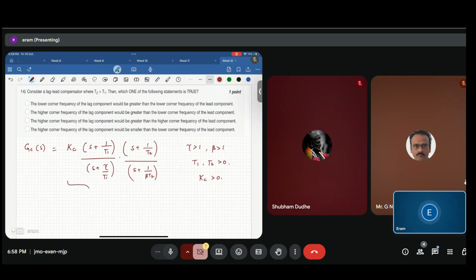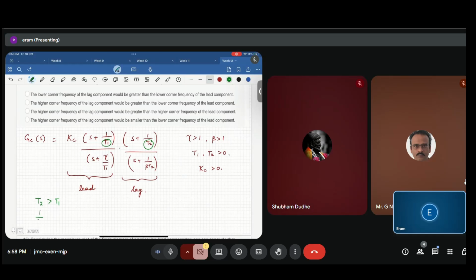So this part acts as a lead compensator and this part acts as a lag compensator. Now you are given that T2 is greater than T1. So this is your T1 and this is your T2.